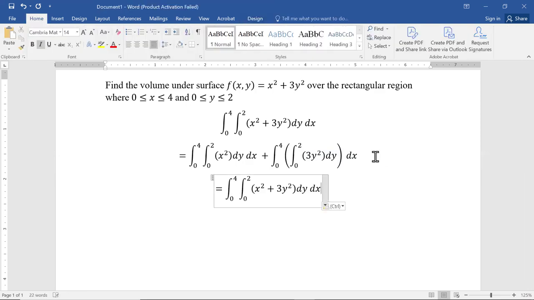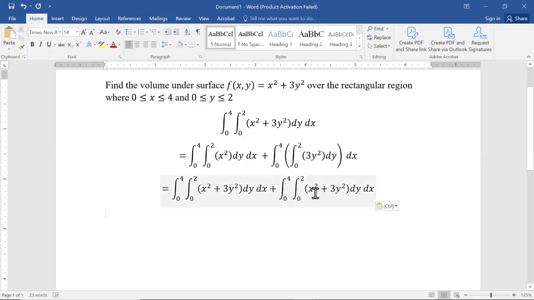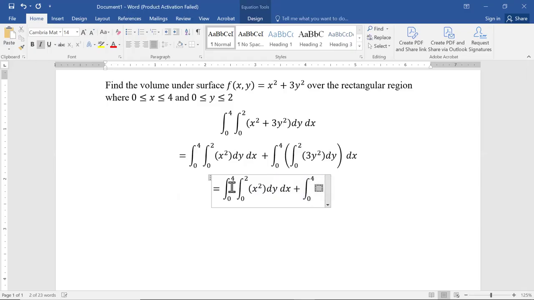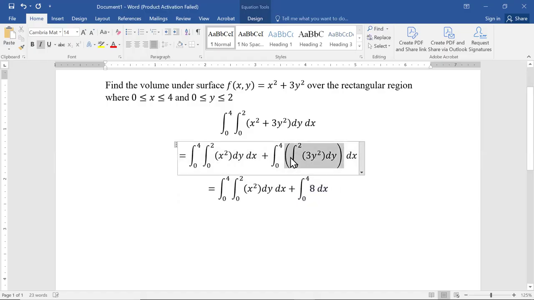So what I ended up with is this whole integration becoming an 8 dx. So I could have used technology to compute this piece. And that piece gave me an 8.